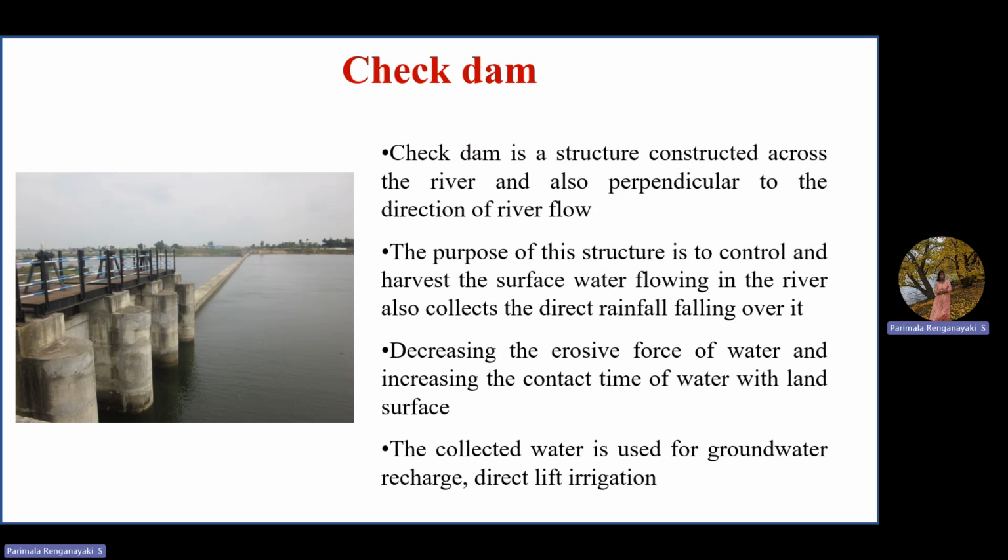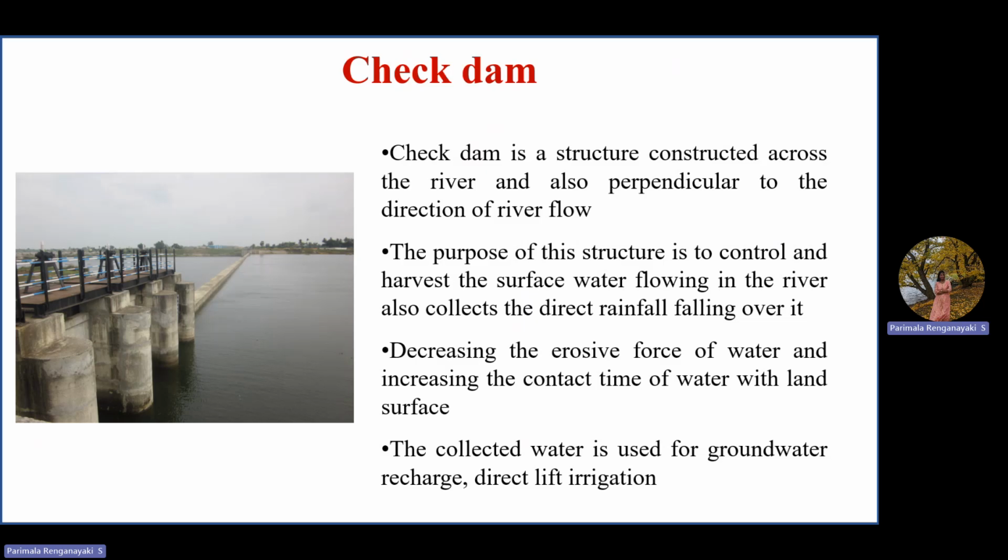This is one of the MAR structures. The collected water is used for groundwater recharge, or sometimes the water is lifted directly from the check dam storage and used for irrigation also. So this is one of the structures.